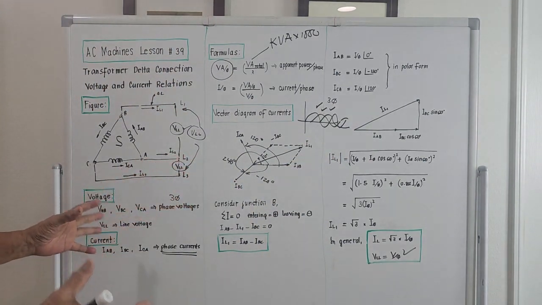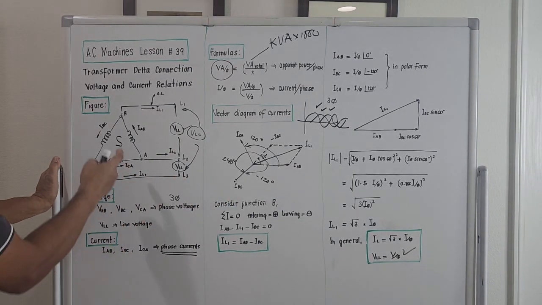Let's now try to consider the junction B. Where's junction B? It's this.